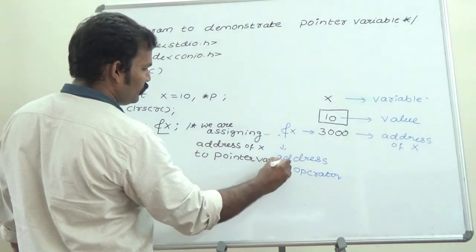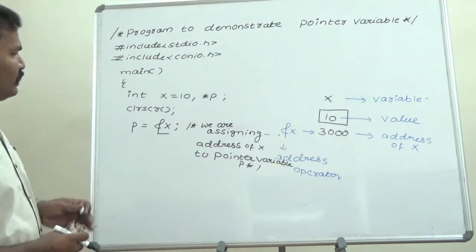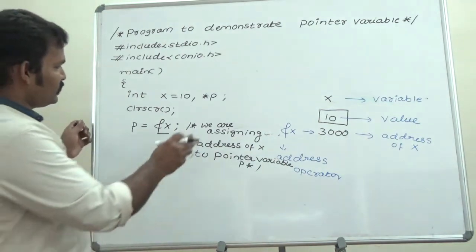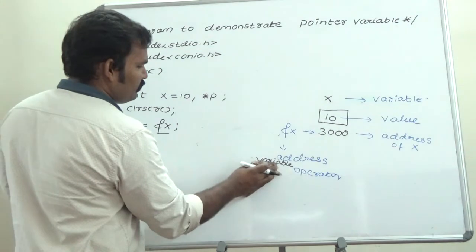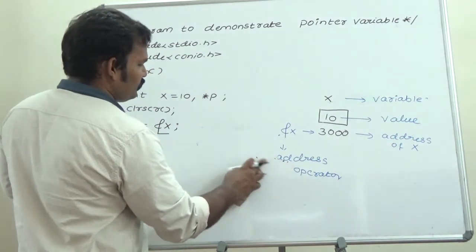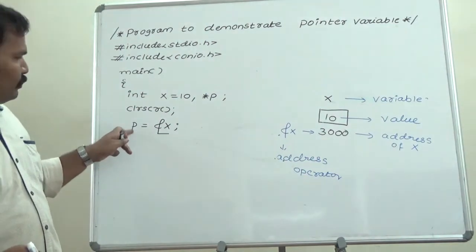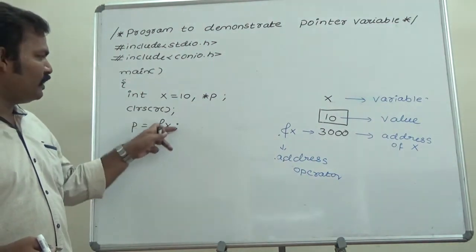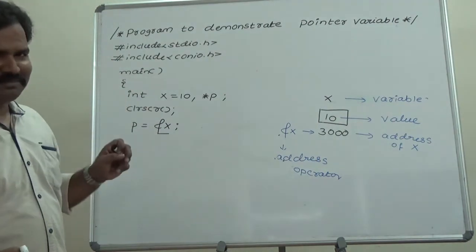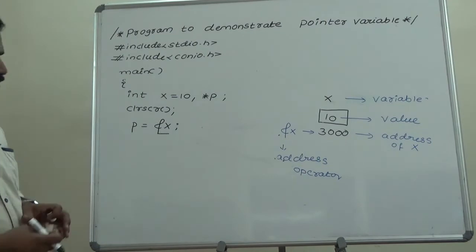Clear? So already you know what a pointer is. A pointer is a variable that holds the address of a variable of similar type. Both variables are of the same type only.